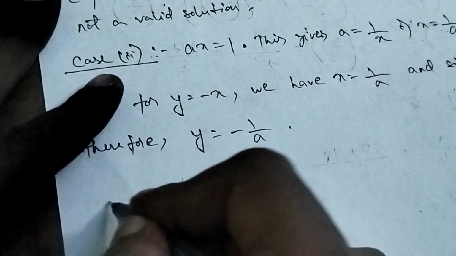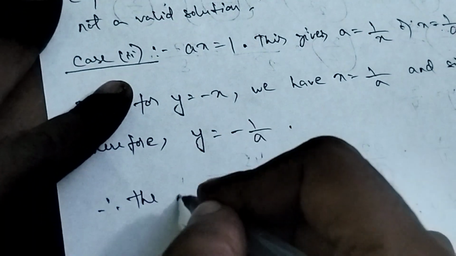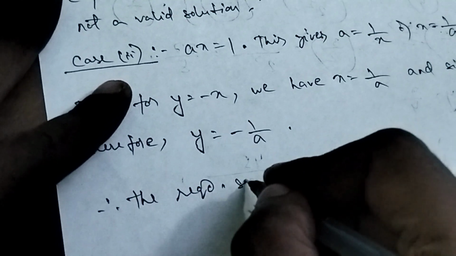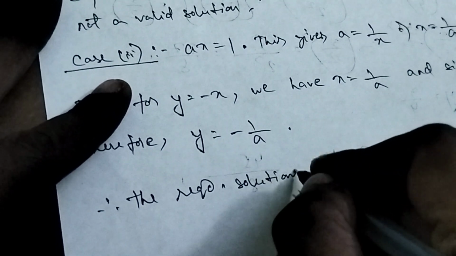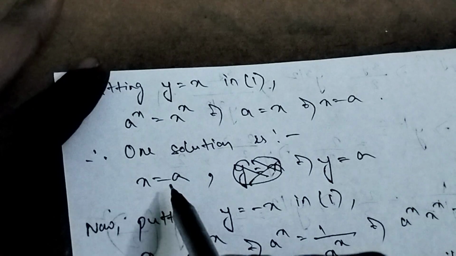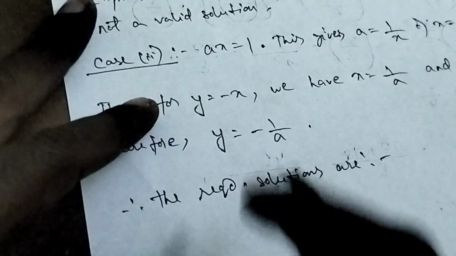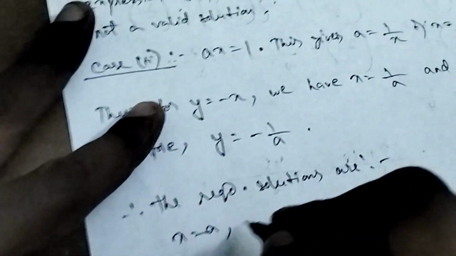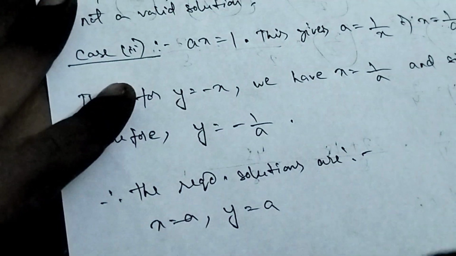Okay, so therefore the required solutions are two solutions we have. First one is this one, x is equal to a, y is equal to a. This is the first one.